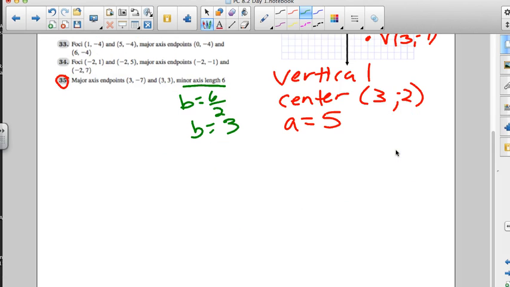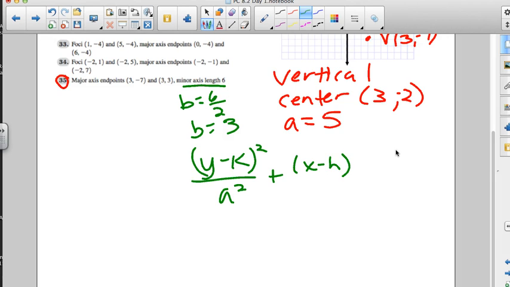So we can go ahead and use that information to write it, noting that we have to be careful about our positioning here, because we have to have a squared below the y coordinates for our center there.